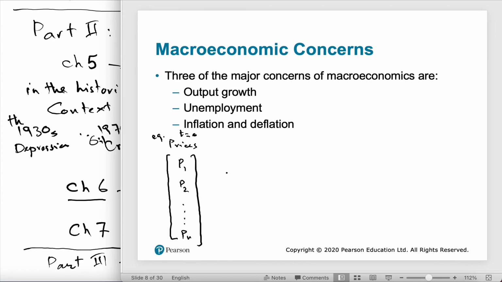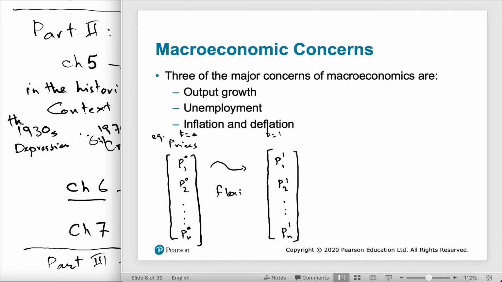And then we move to another year, t equals 1. This becomes P1 at time 1, P2 at time 1, and Pn at time 1. So they're all flexible because each one has its own market, flexible prices. Same for the quantities.